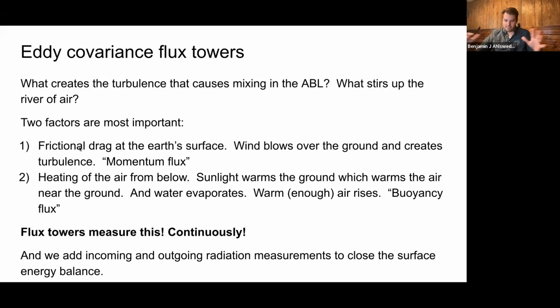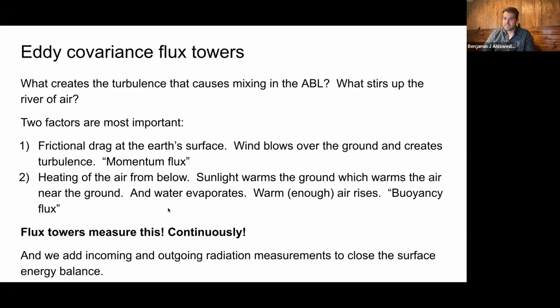There's the drag, literally like the air is rubbing along the surface of the earth, and that slows the wind speed down, inducing some kind of turbulence into the air. And also the heating factor. This is happening everywhere, but particularly in urban areas, that's important because of all the concrete and mirrors and windows and things that absorb heat.